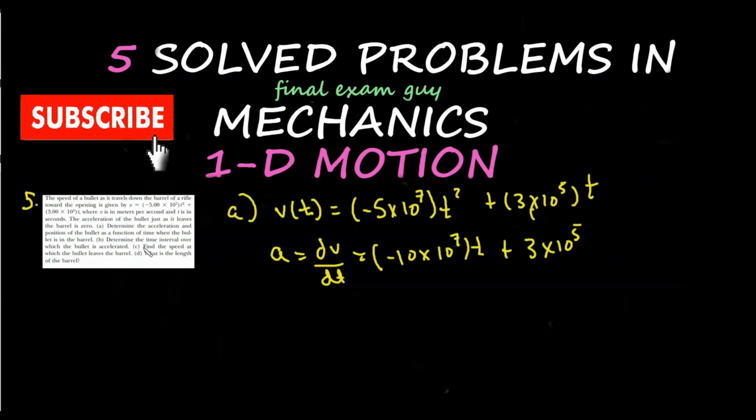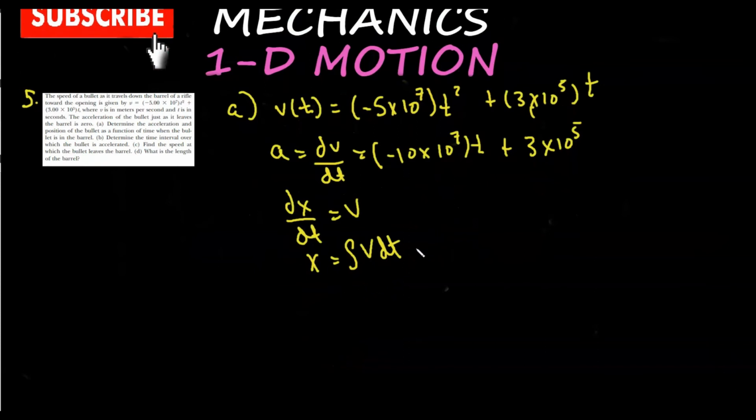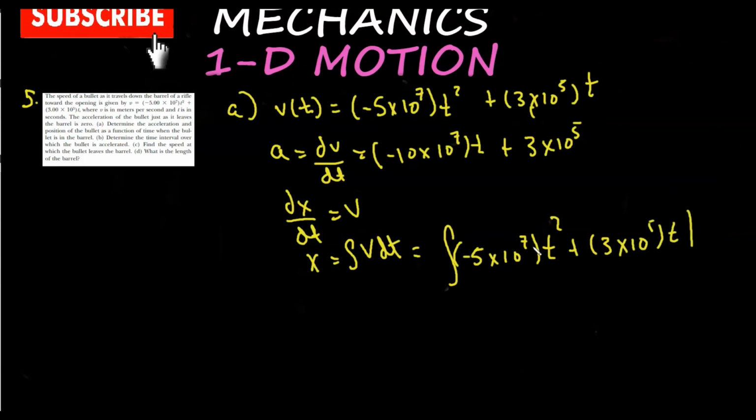And now it wants the position as well, and we know that dx/dt is equal to v, right? So if I take the integral, x is equal to the integral of our velocity function dt. That is the integral of negative 5 times 10 to the 7 t squared plus 3 times 10 to the 5 t, all of that dt.